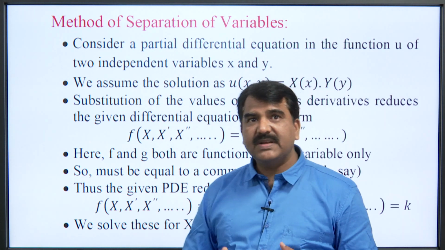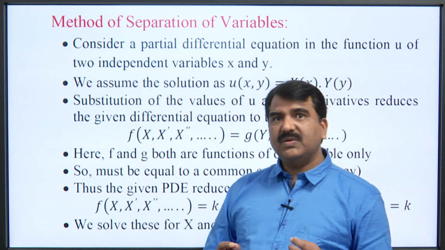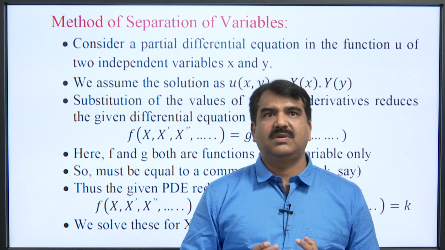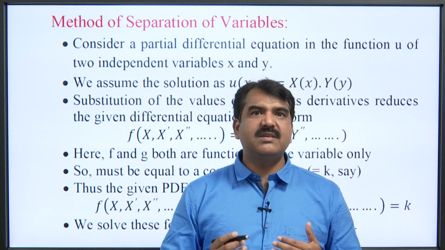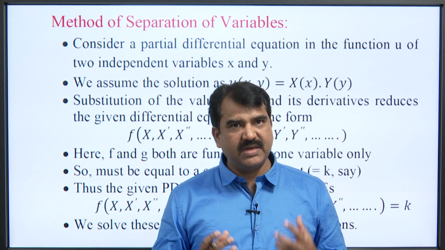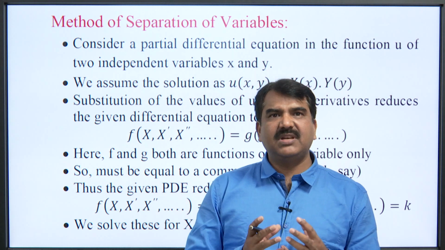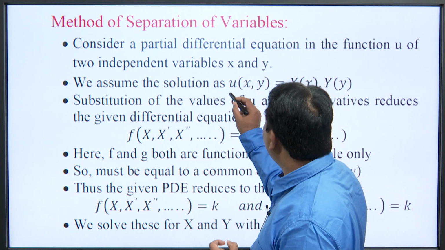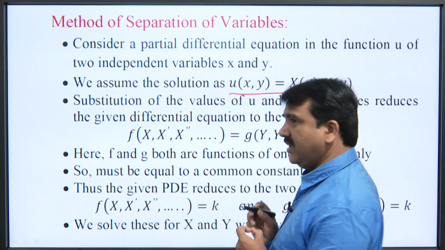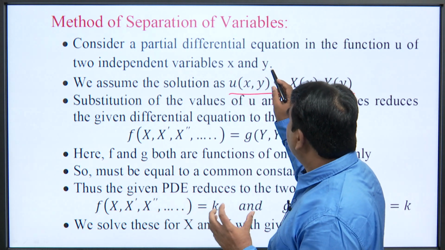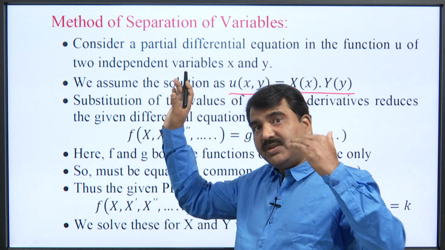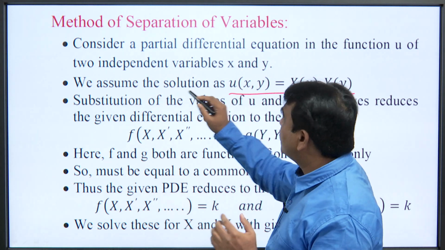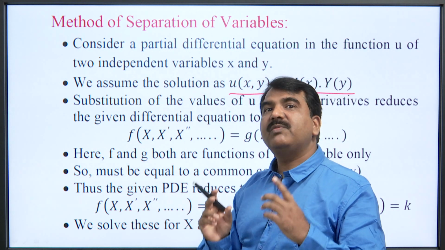So, the method of separation of variables. If the differential equation is obtained for a function u, which is a function of independent variables x and y, then we assume the solution as u(x,y) equal to X into Y. That is, if the differential equation is written for u with independent variables x and y, then the solution will be in terms of x and y and it will be the value of u.